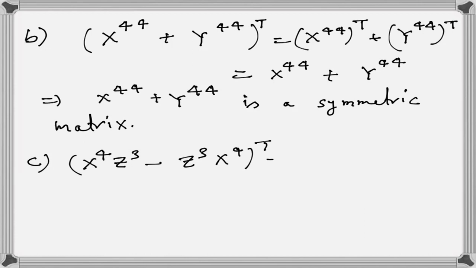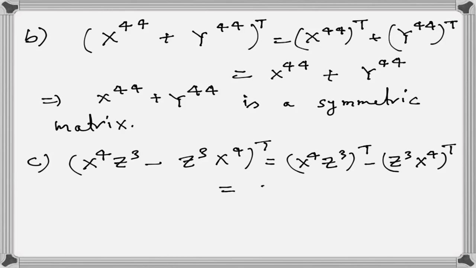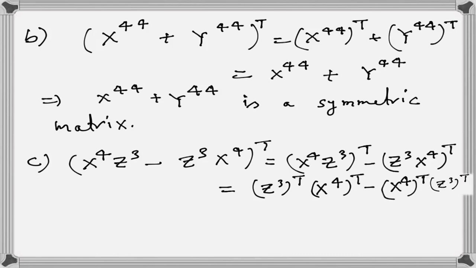Take transpose: this is (x^4 z cube) transpose minus (z cube x^4) transpose. This is equal to z cube transpose x^4 transpose minus x^4 transpose z cube.